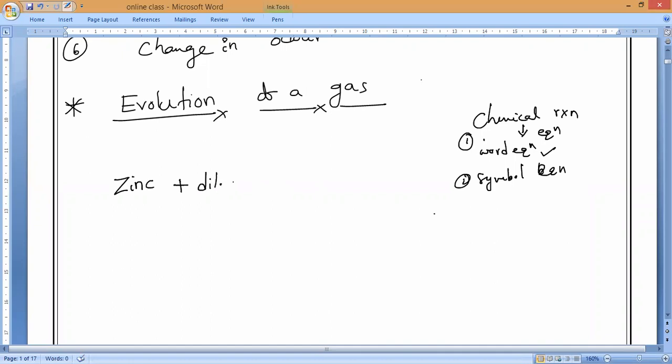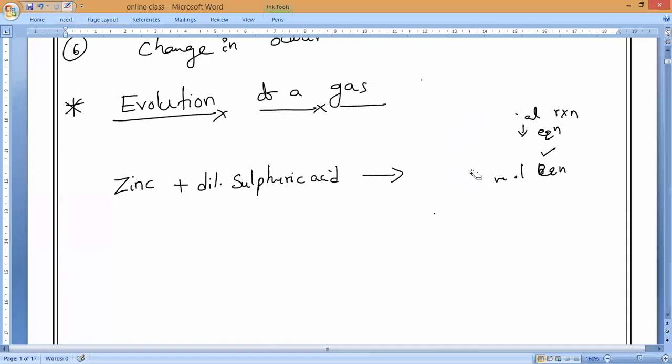So DIL, I have to keep it. DIL means dilute. Sulfuric acid. It will form zinc sulfate, plus what products will come? Can anybody tell me?